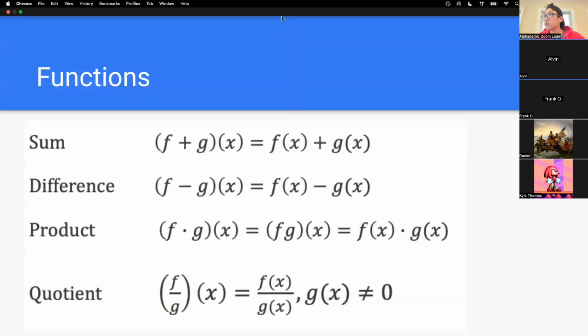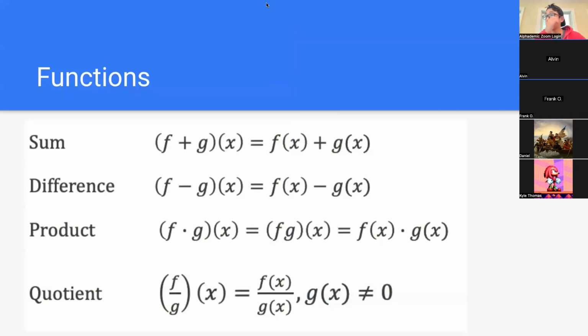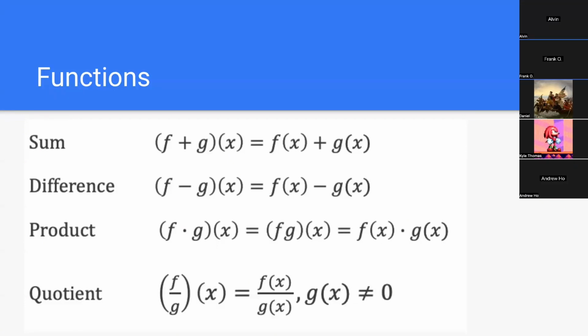All right. So first, going to talk about functions. These are the basic function operations that we have right here. As you can see, first we have the sum, or addition rule, you could say.